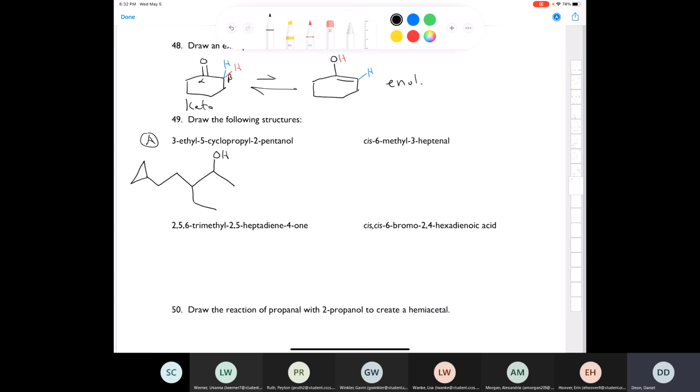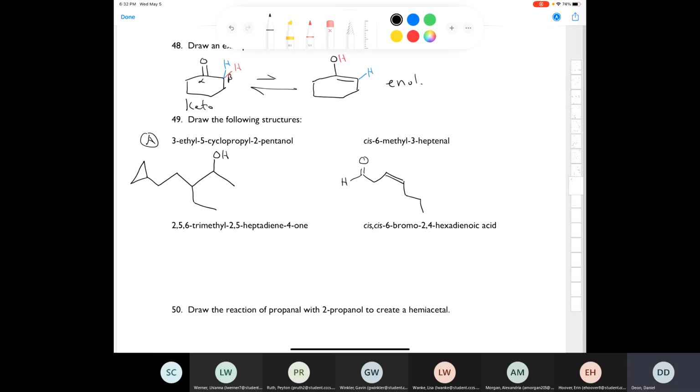The next one is cis 6-methyl 3-heptenal. So look, you've got your aldehyde, 1, 2, 3, like that, and it's got to be cis. 1, 2, 3, 4, 5, 6, 7, like this.